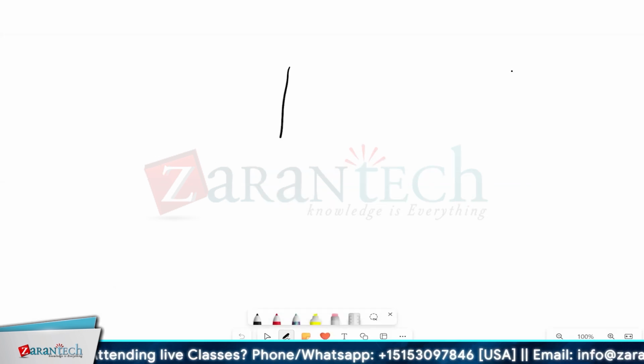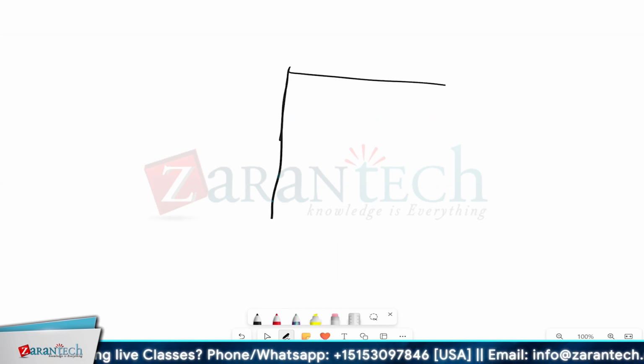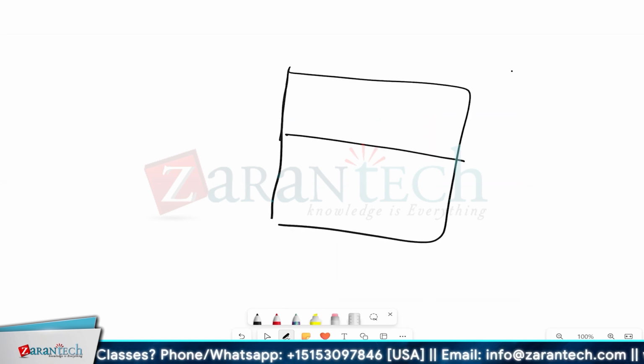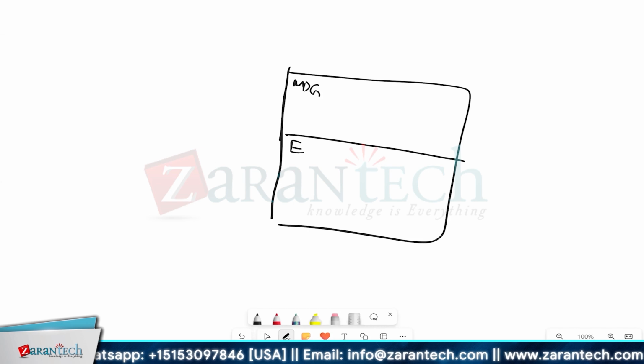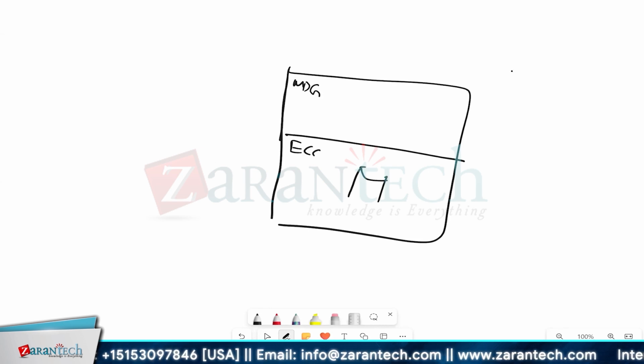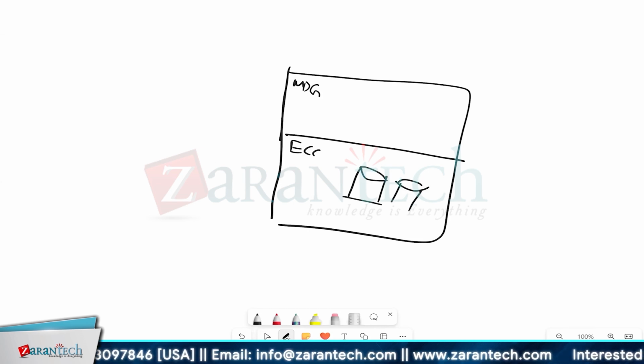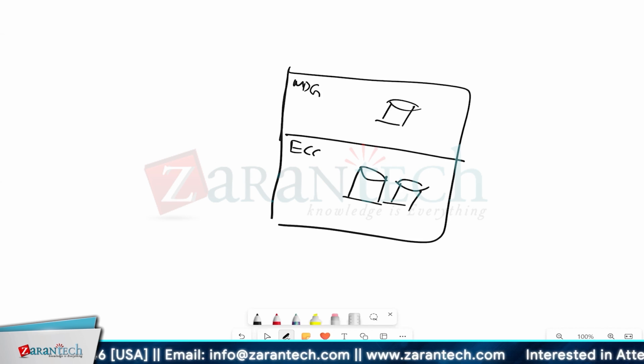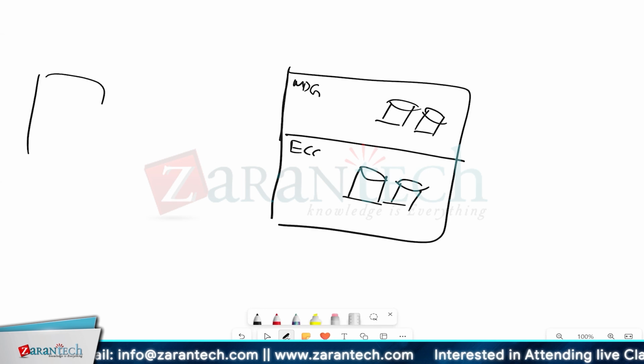Okay, so now let's look at this. This is your MDG system, this is your MDG layer, and this is your ECC layer. You have your active area, and you also have your staging area here. And this is your source system.